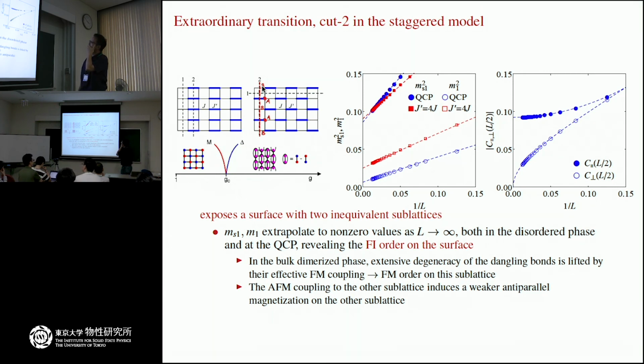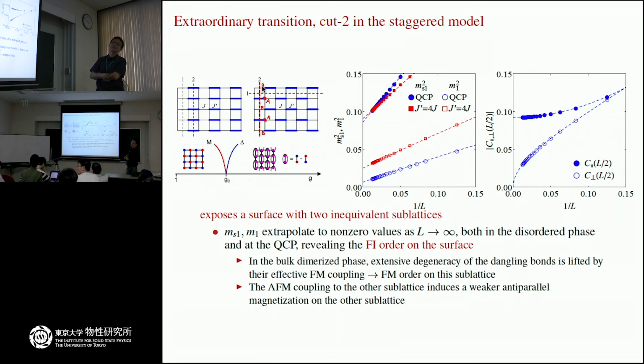But in the Néel phase, maybe the edge still has some ferromagnetic character. So the edge must still not be completely antiferromagnetic. I don't know. But for example, when J prime equals J, I don't think there's an order, right? Well, that's a special case, but once they are a little bit different, maybe.